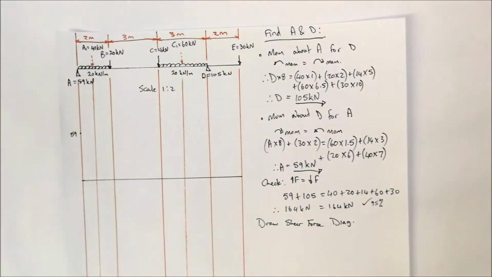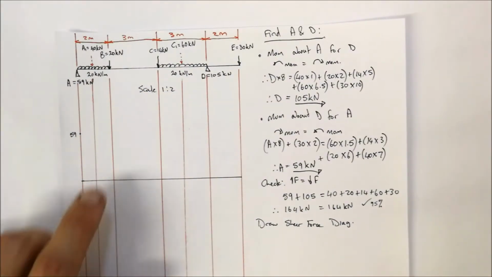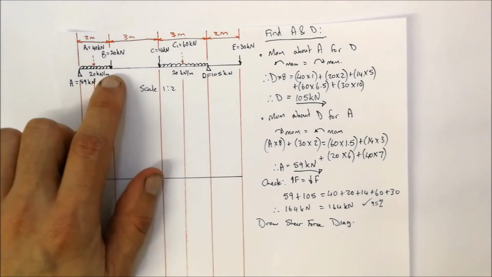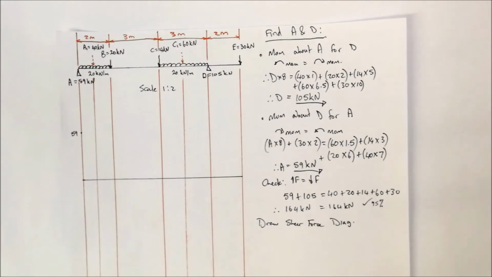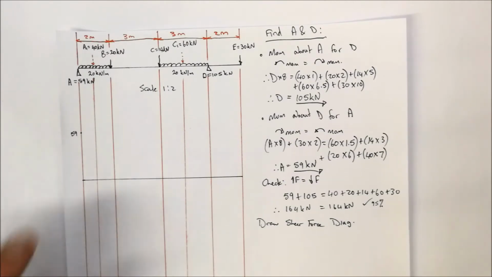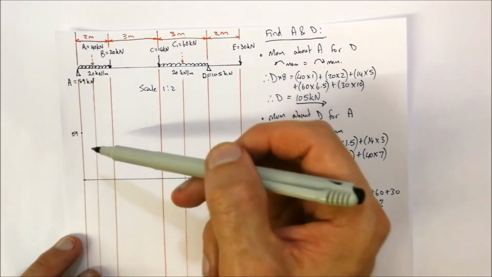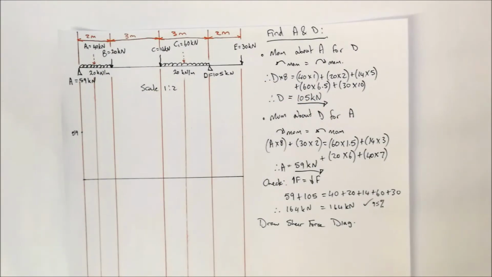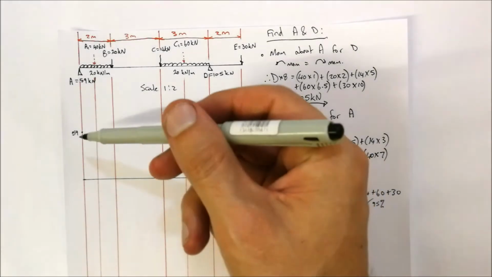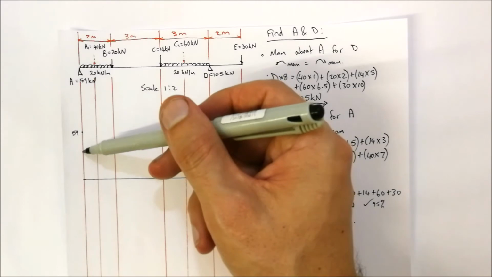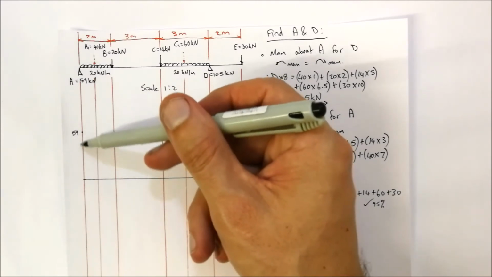Now if we look at B, we've got 20 kilonewtons, but we can't neglect the 40 kilonewtons between A and B for that distributed load. Essentially we've got 40 kilonewtons coming down, so we have to measure the 40 kilonewtons down from the 59 on that specific line.